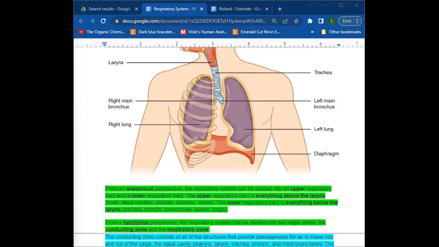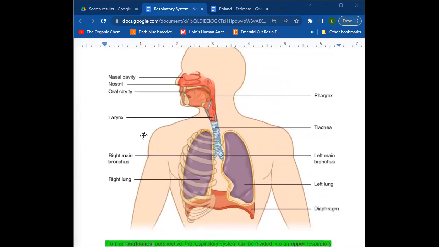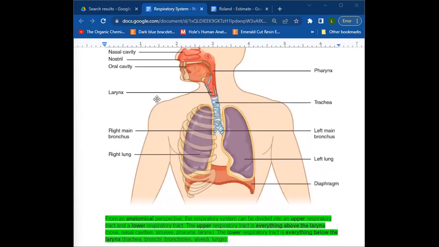The upper respiratory tract is supposed to be everything from the larynx upward. So that's going to include the nose, the nasal cavity, the sinuses, the pharynx, the larynx, and that's it. Just everything above the larynx. Then the lower respiratory tract is basically everything from the larynx down.